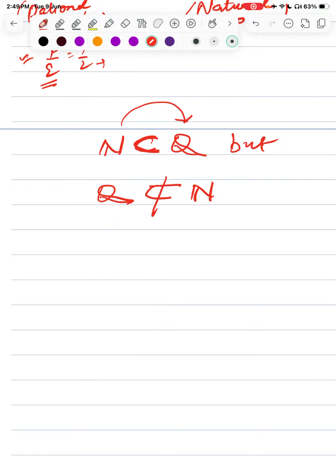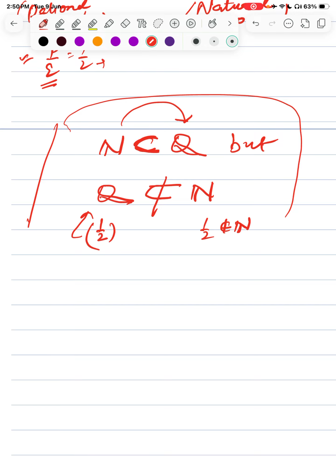If we are able to show that there is at least one element, which we have taken as 1 by 2, that belongs to the set of rational numbers but does not belong to the set of natural numbers, then the rational numbers have some extra elements. So this result you should keep in mind.